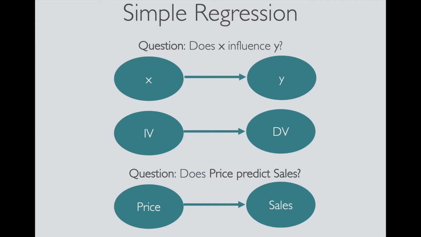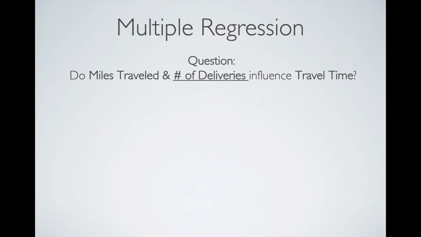So far, the examples here have only one independent variable. This is called simple regression. When we have two or more independent variables, that's multiple regression. To expand the previous trucking company example, in addition to miles traveled, the management suspects that the number of deliveries a truck makes can also impact the travel time.